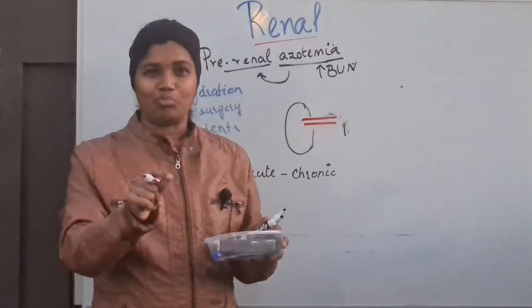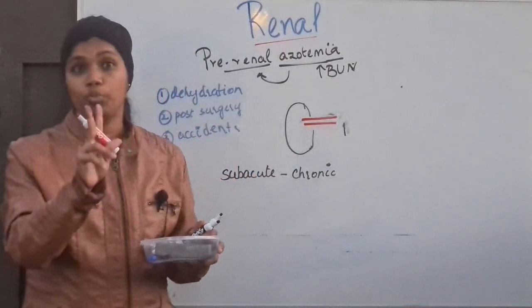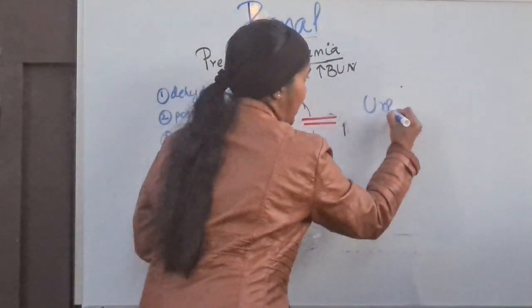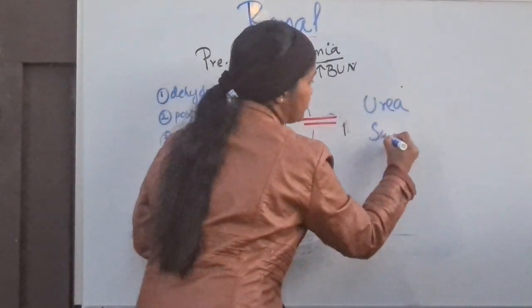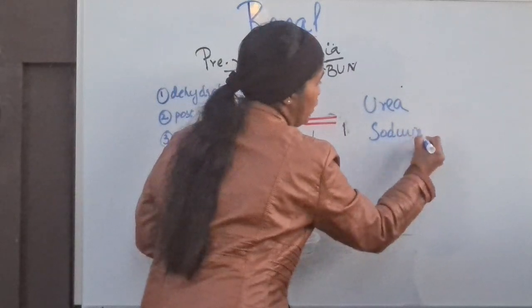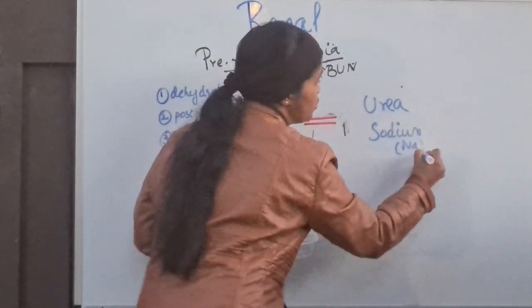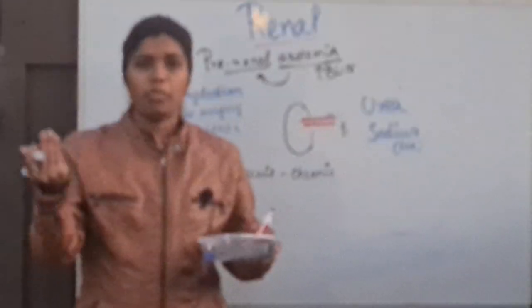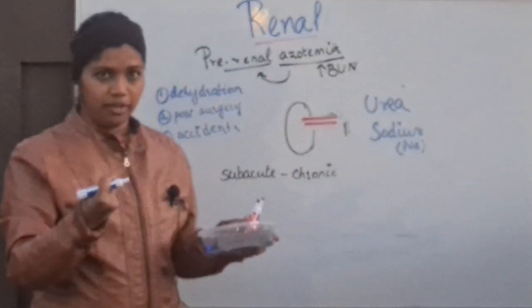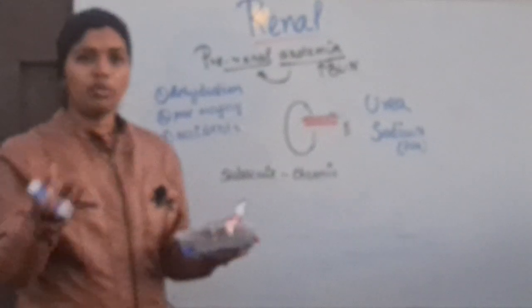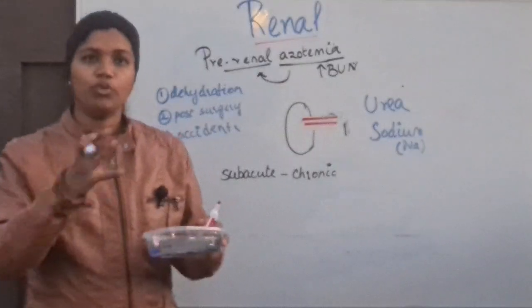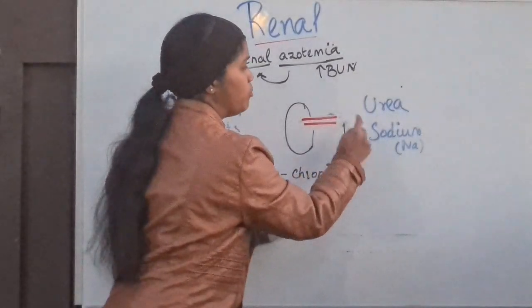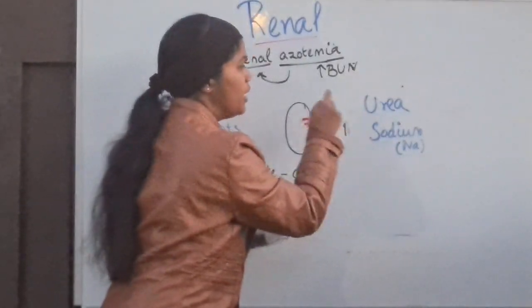So we need to do something, and it will start conserving two important elements: one is urea and the other is sodium. Why these two? Because once urea and sodium are conserved by the kidneys, water will ultimately follow, and therefore the blood volume will increase, right?